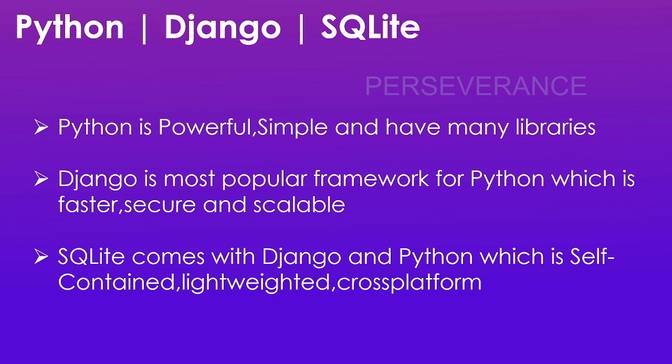And what is Django? Django is the most popular framework for Python, which is faster, secure, and scalable. It provides many predefined, pre-built packages, which help us implement so many advanced features. Let me explain a very simple example.